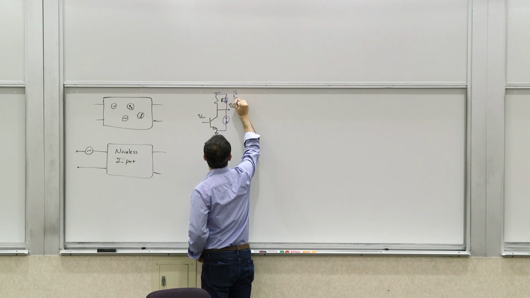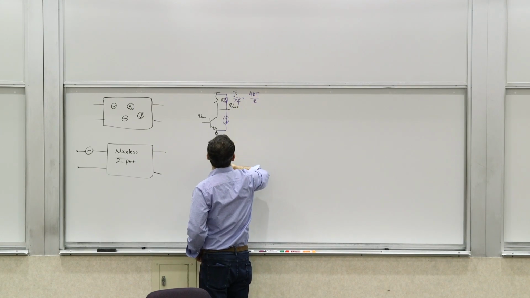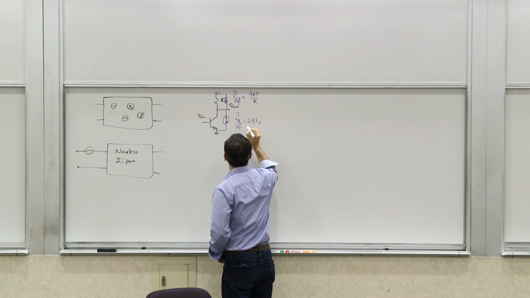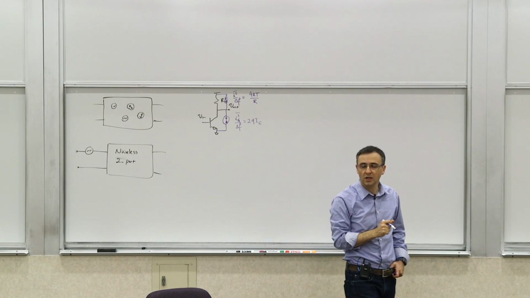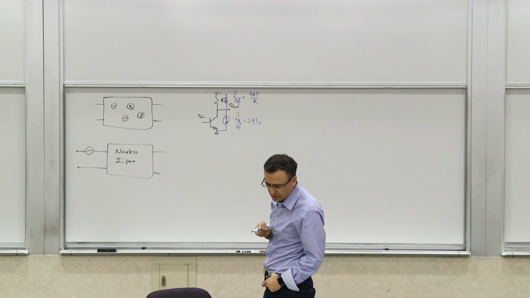This is 4kT over R. And we know this noise source, collector shot noise, is going to be 2qIC. Right? So these are the two noise sources that are present in the system.